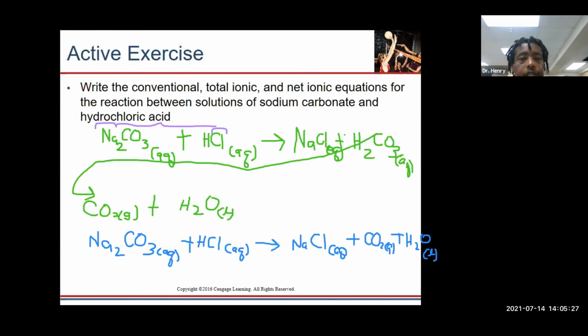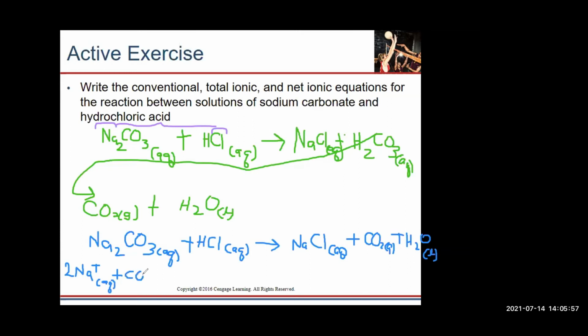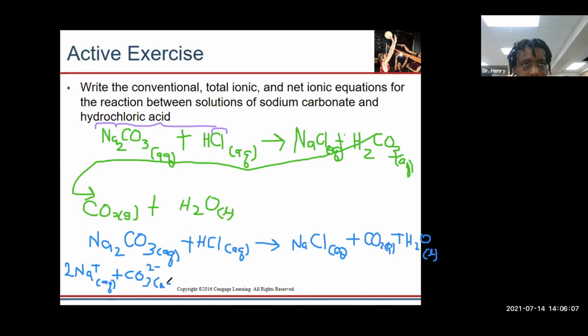Okay, so if we did the total ionic equation: 2Na plus aqueous plus CO3 2 negative aqueous plus H plus aqueous plus Cl negative aqueous, and then your yield sign.